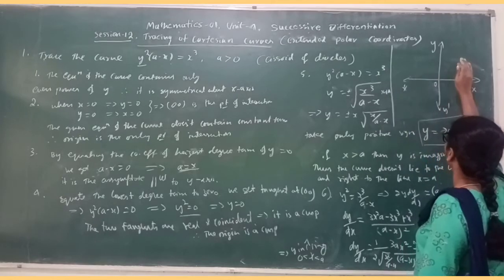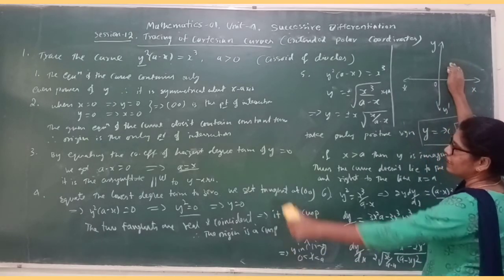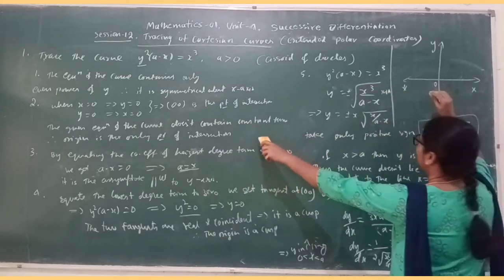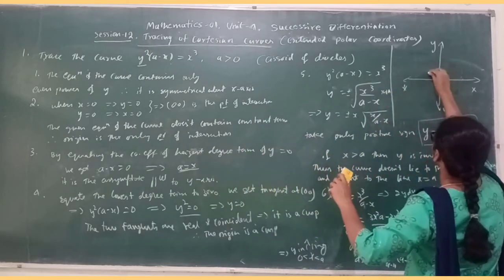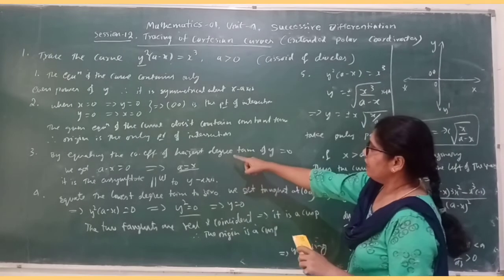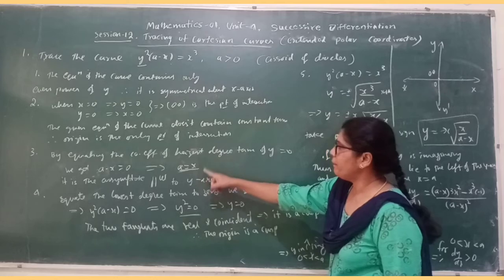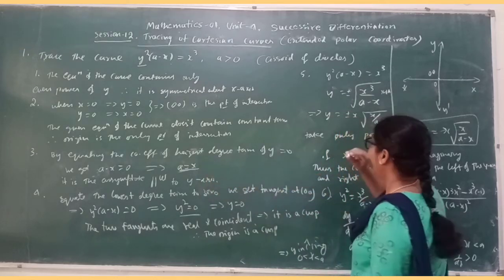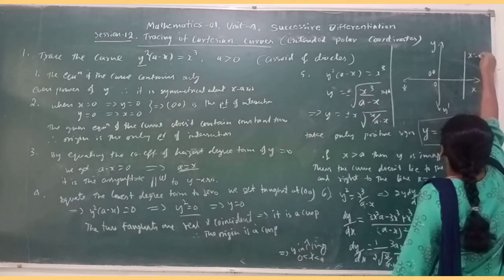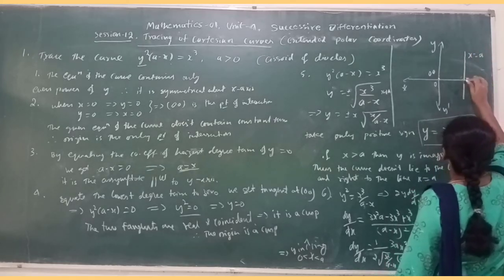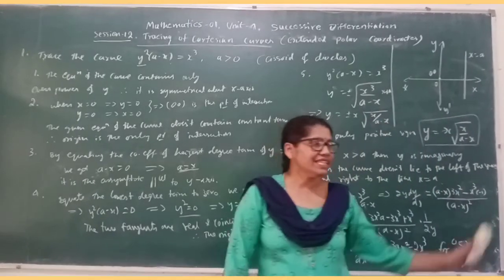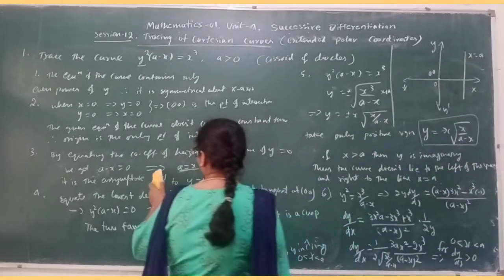Then, the point of intersection is 0, 0. Then, the asymptote parallel to the y-axis we got, that is x is equal to a. This is the asymptote, I have drawn the asymptote.